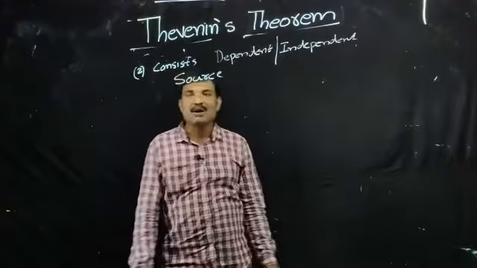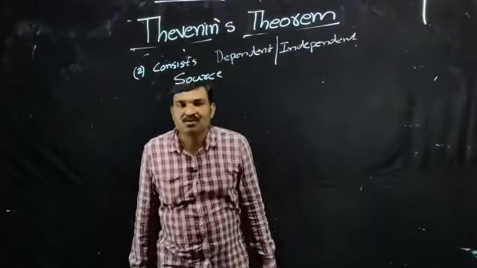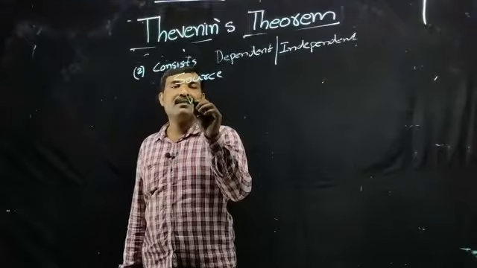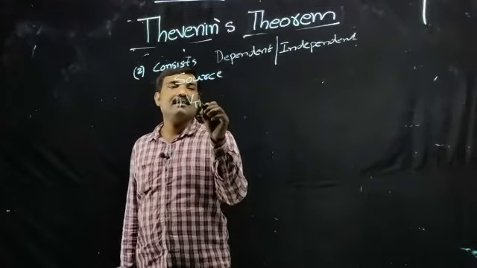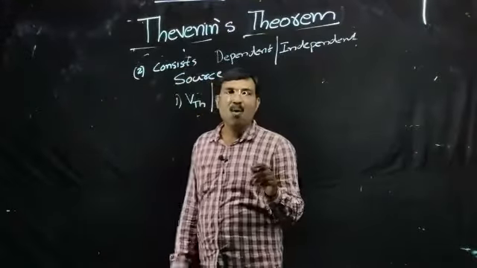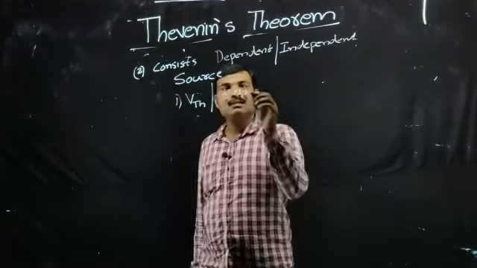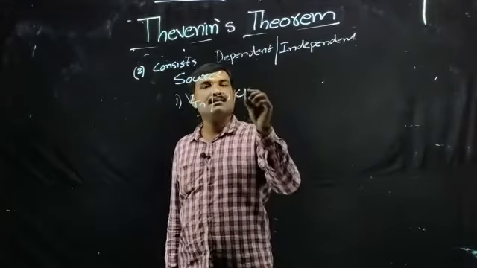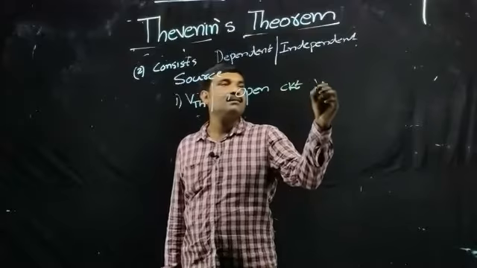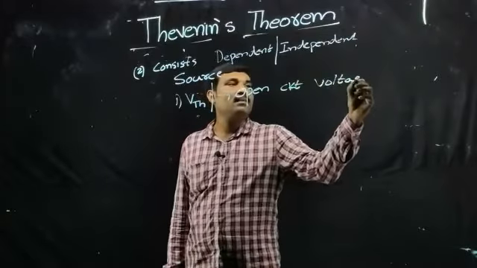In this case, what do we have to do to determine VTH and RTH? We can determine VTH, that is the voltage across the open circuit load, the open circuit voltage across the load terminal.